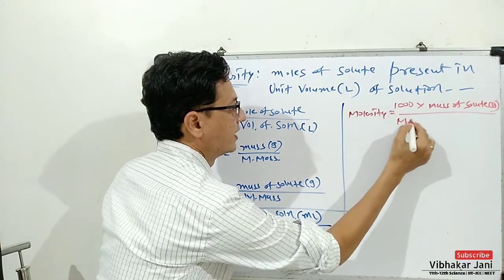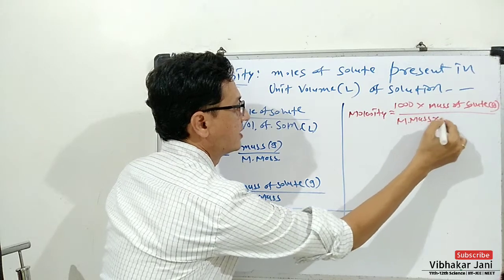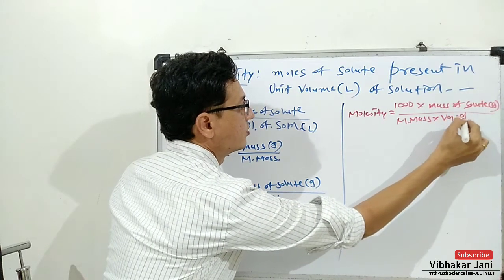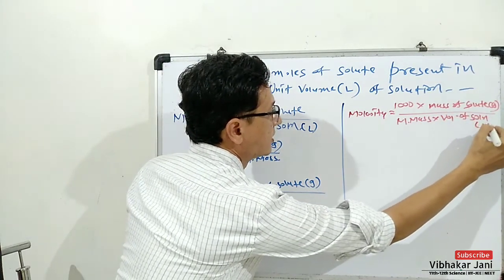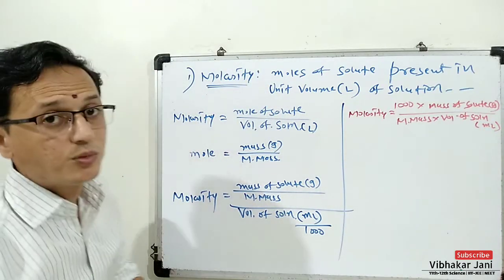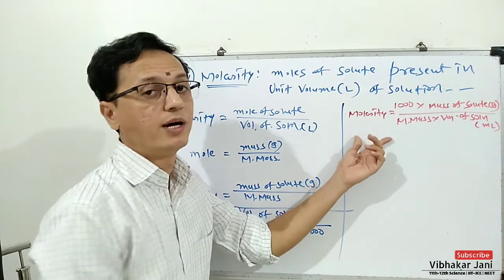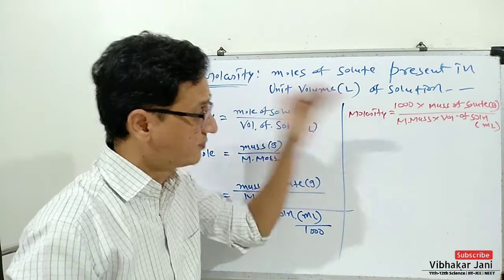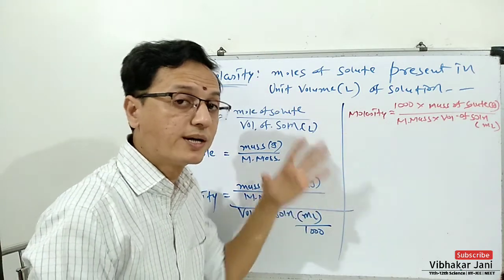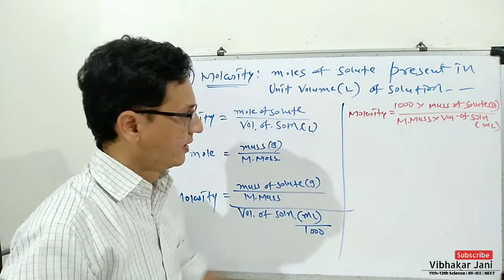That means molecular mass multiplied by volume of solution in milliliter. This would be the final formula for molarity, and this formula we will use in our numerical problem and practices.